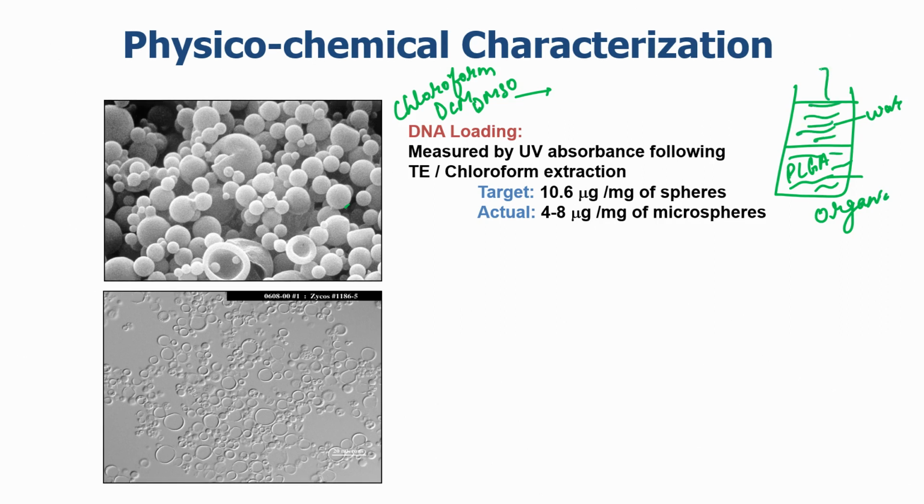Then you can test this with various absorbance assays, since DNA has absorbance at a certain wavelength. You can take it out and estimate how much you have been able to load onto the particles. In this case they were targeting 10.6, and they actually got about 4 to 8, but that will help you in designing how much dose you want to give to the animal and the patients, depending on how much loading you have.